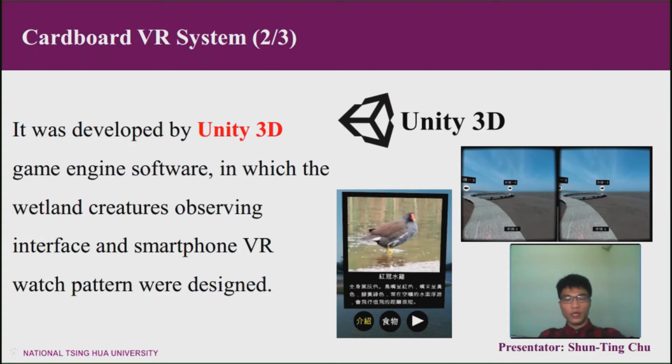Please look at the right pictures. We designed the wetland creatures observing interface and the smartphone VR watching pattern.